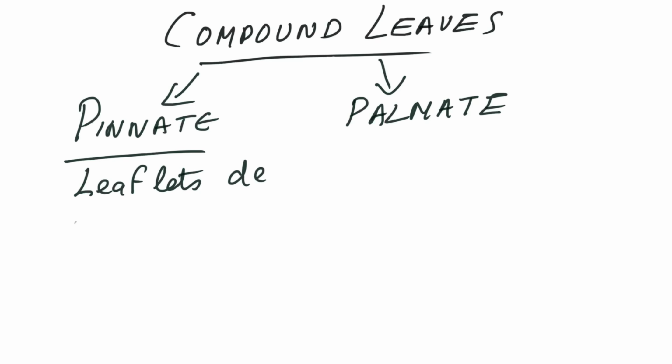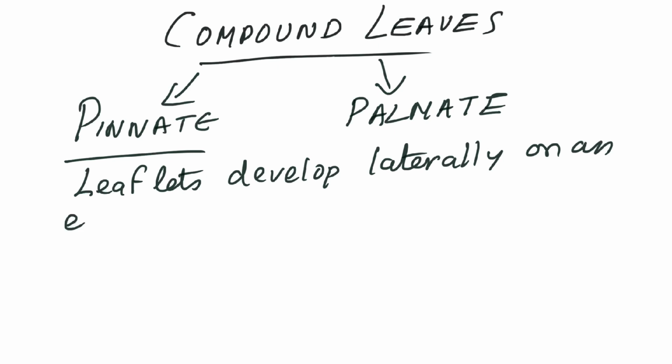Pinnate basically means that we have the leaflets developing laterally on an elongated axis. So this axis is a key point because we are not dealing with the petiole, or it's not a subdivision of a petiole. We'll look at that important aspect in more detail shortly.